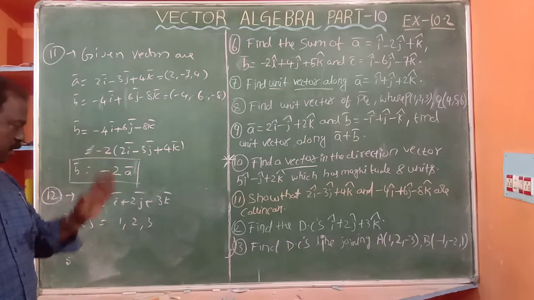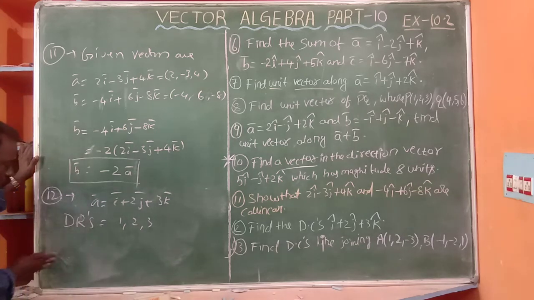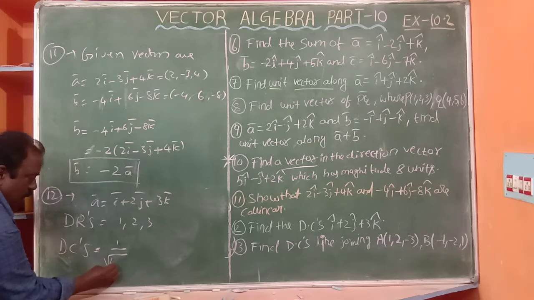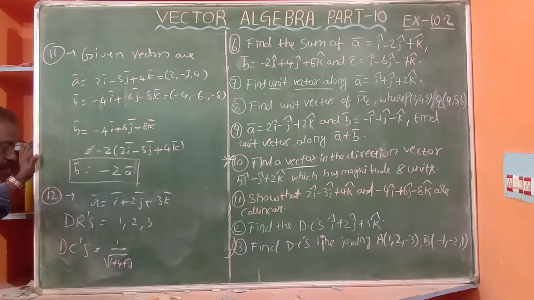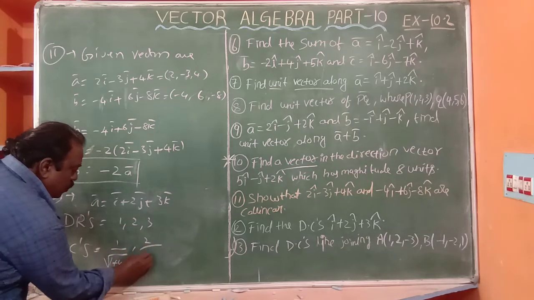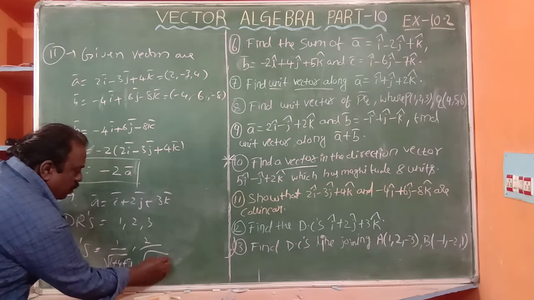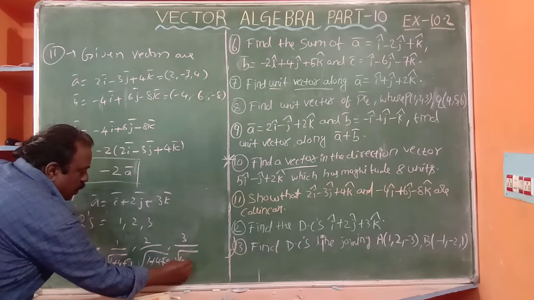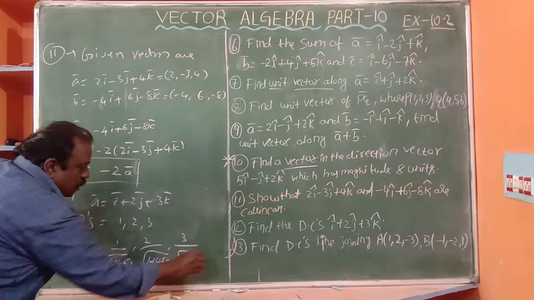DRs are simply components. If you want to find the DCs, the direction cosines are 1 by root of 1 plus 4 plus 9, that is 1 square, 2 square, 3 square, comma 2 by the same root of 1 plus 4 plus 9, 3 by root of 1 plus 4 plus 9.